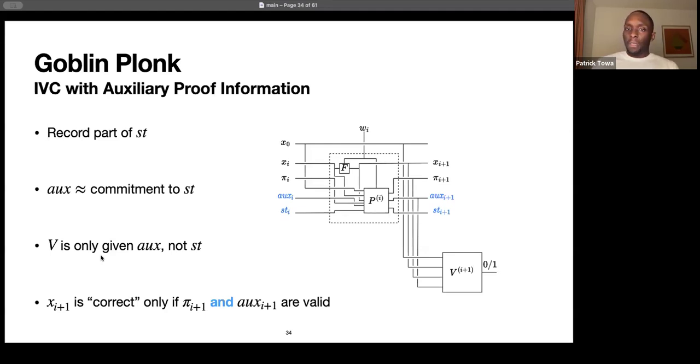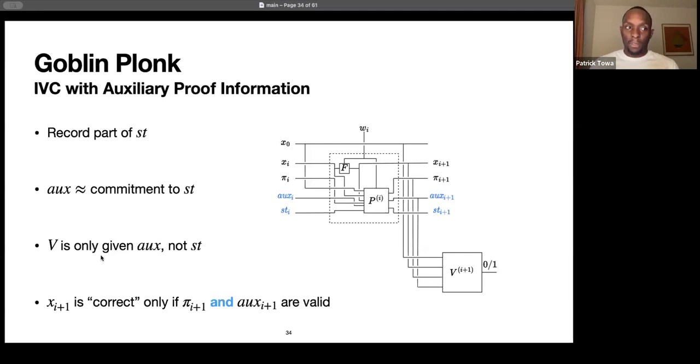IVC normally requires that the proof pi i plus 1 assures that xi plus 1 is correct. So this is not really an IVC scheme anymore, because this is not true. There's an extra condition, and this extra condition is not checked by the algorithms of the scheme. It's something that we're going to see later that comes on top of it, but it's not part of the scheme.